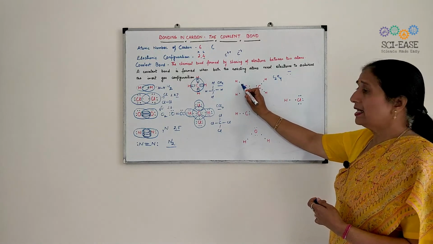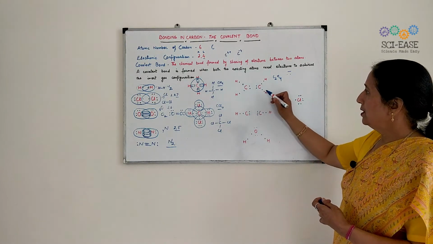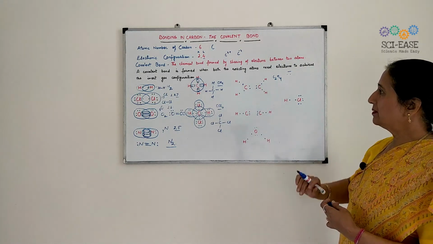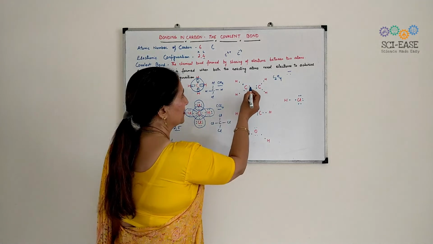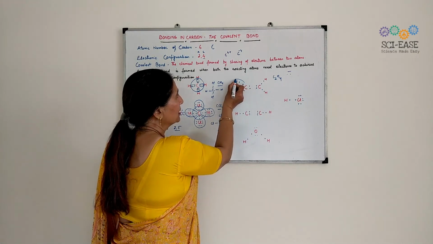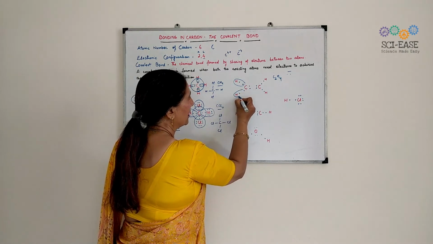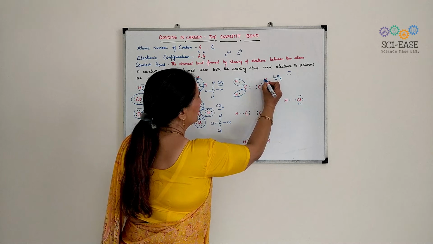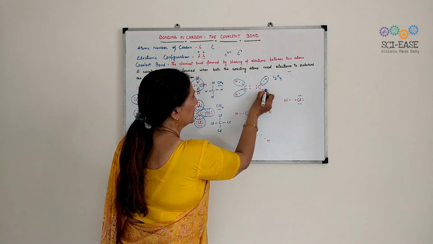Hydrogen has only 1 electron, which I have represented by a black cross. So what will be the result? How many bonds will be formed? The duplet of this hydrogen is complete, and here also, and here also.